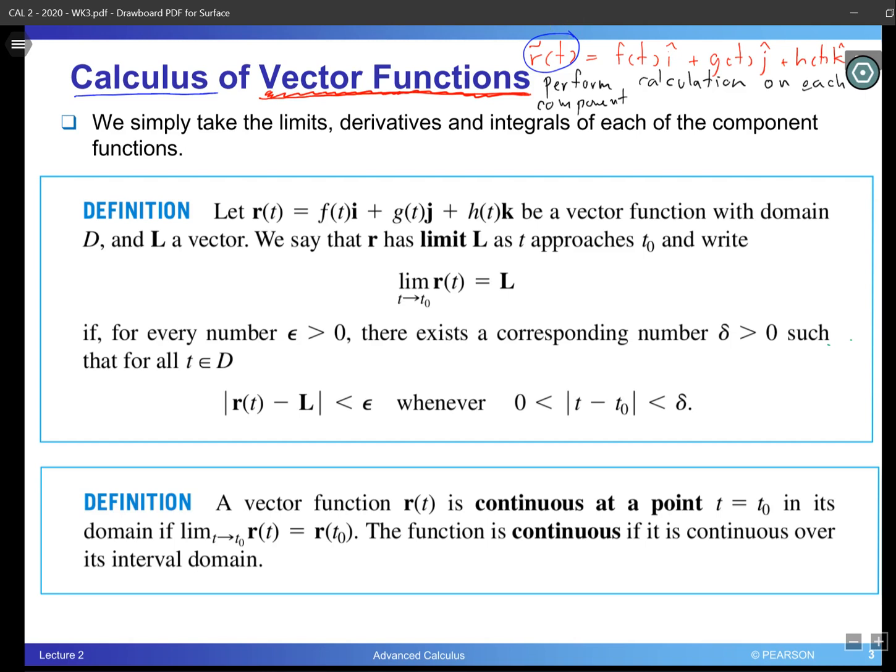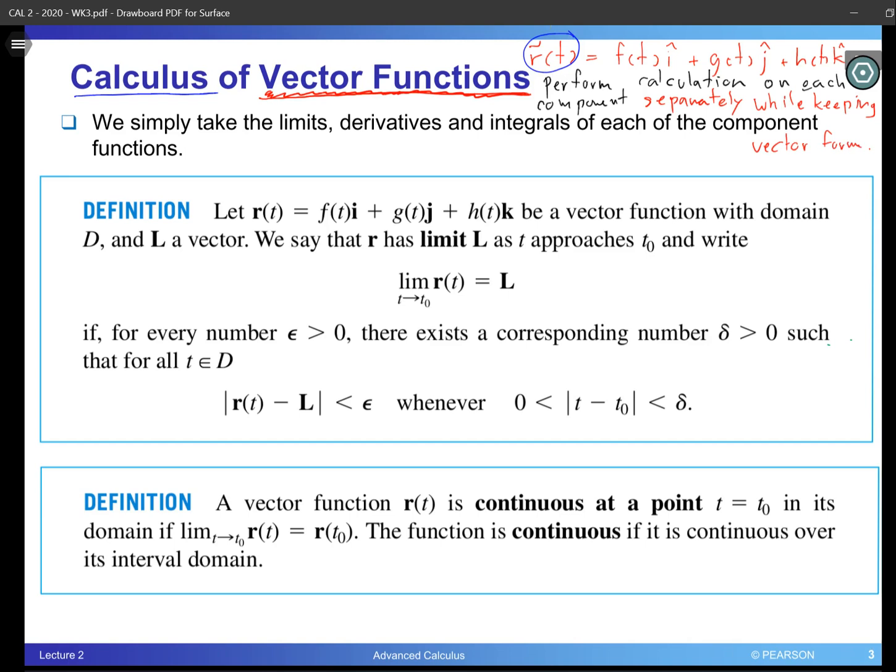So this is the keyword. You perform the calculation separately. But not just that, in the end you still need to keep the vector form. So if you perform any calculations, in the end it has to be vectors, just like before.